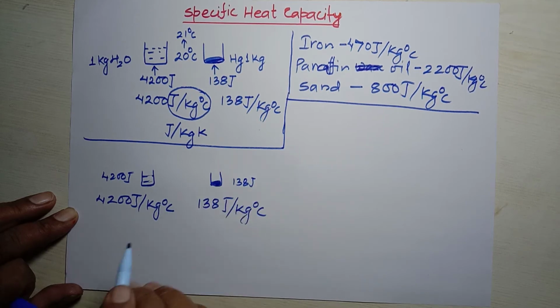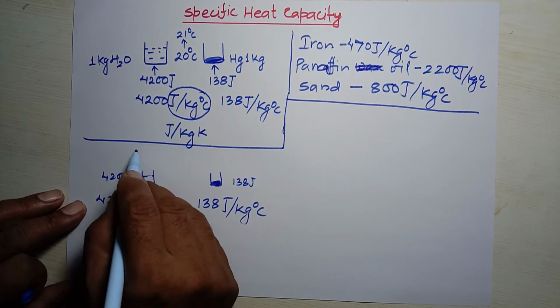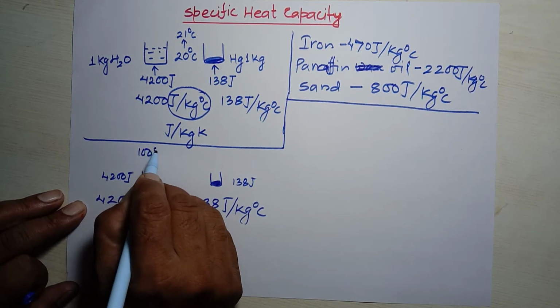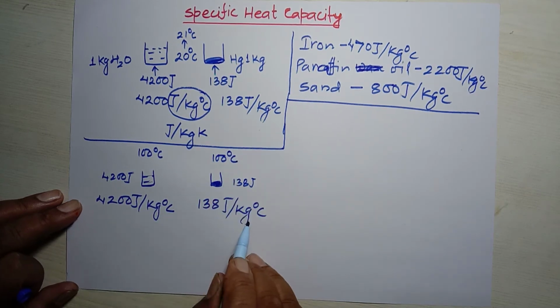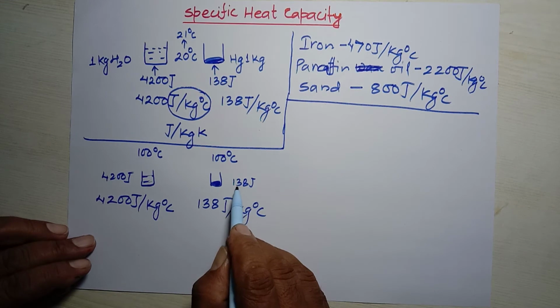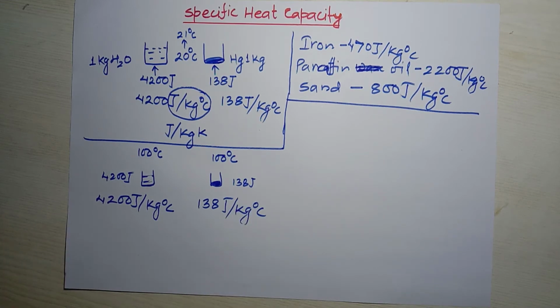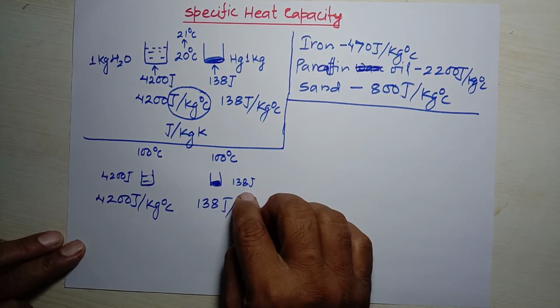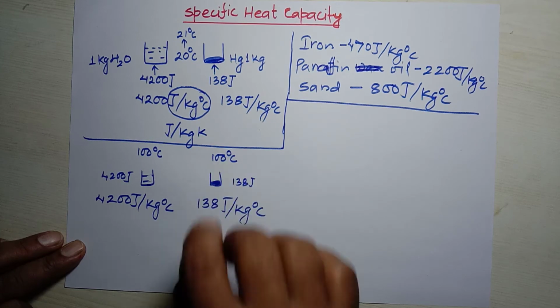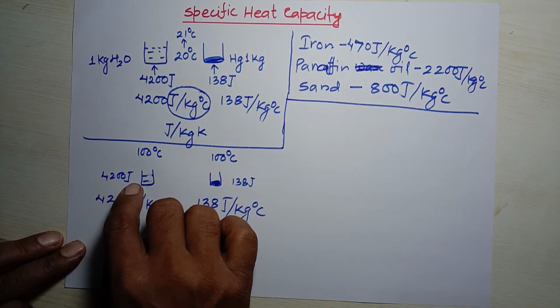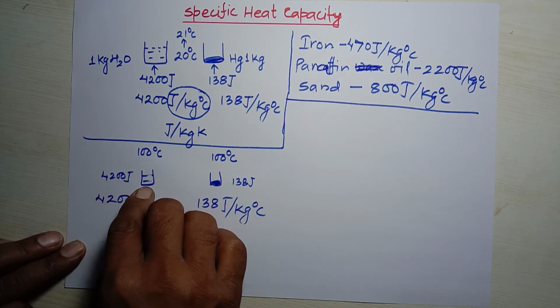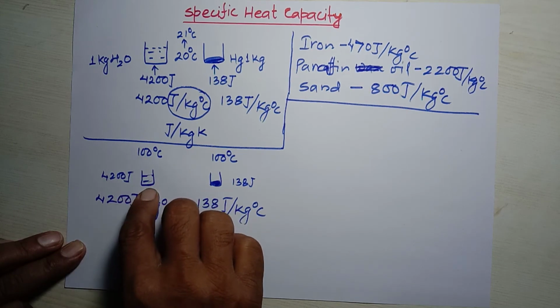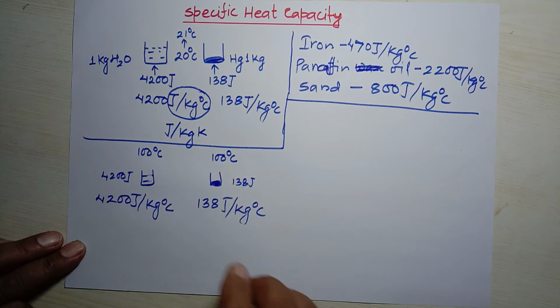That's why if both of them are heated to 100 degrees Celsius, then 100 times 138 joule heat energy is required for mercury to go from 0 to 100 degrees Celsius. But for water, 100 into 4200 joule heat energy is required.